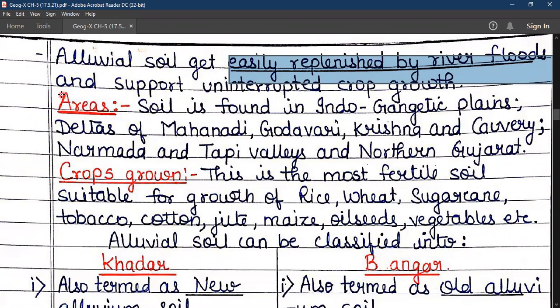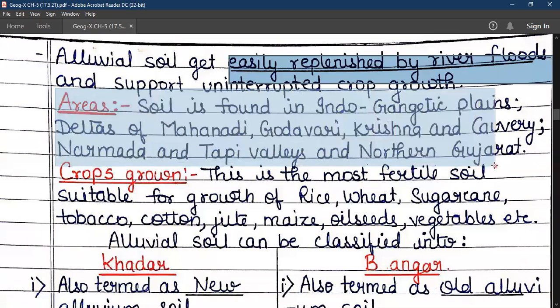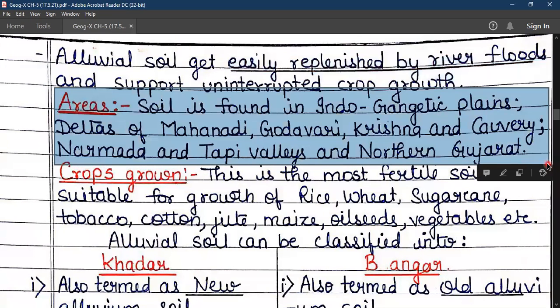Areas where alluvial soil is found: the Indo-Gangetic plains, deltas of Mahanadi, Godavari, Krishna, and Kaveri, Narmada and Tapi valleys, and northern Gujarat.